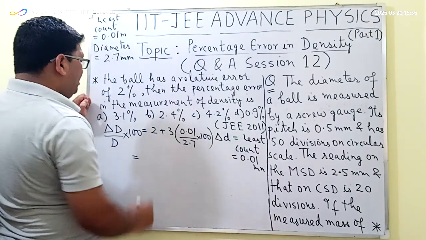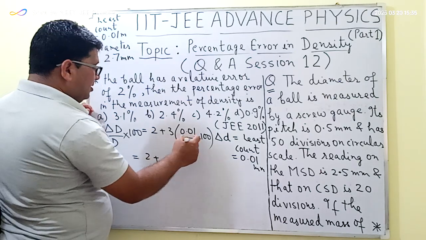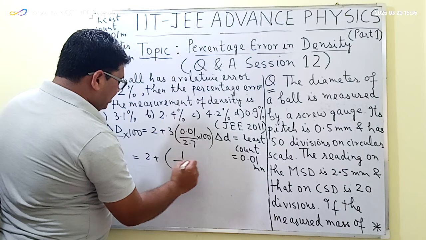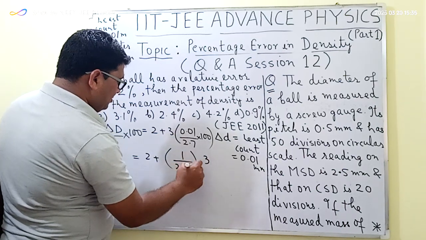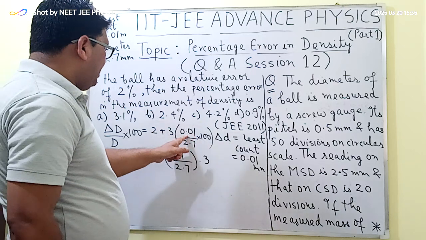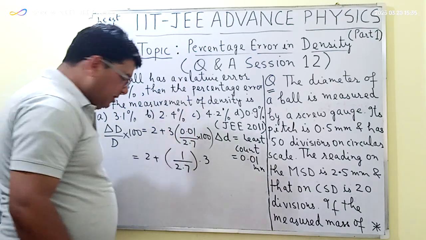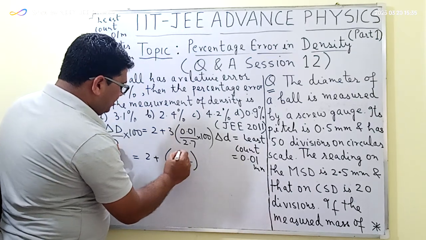So the percentage error in the measurement of density will be equal to 2 plus 1 divided by 2.7 into 3. This 0.01 into 100 is equal to 1. So 1 divided by 2.7 into 3 is simply 3 upon 2.7.